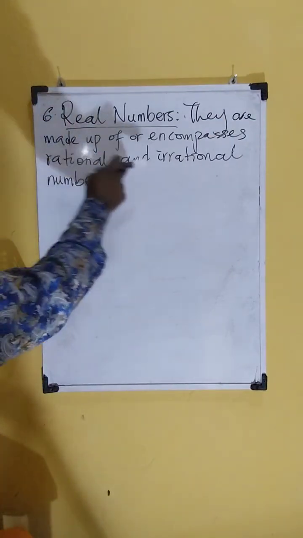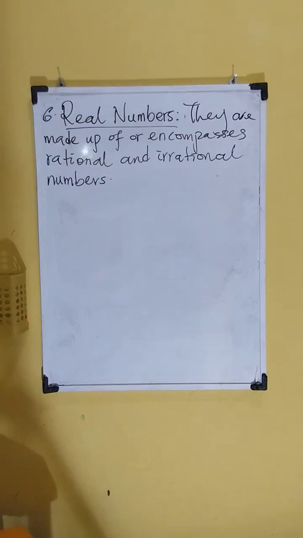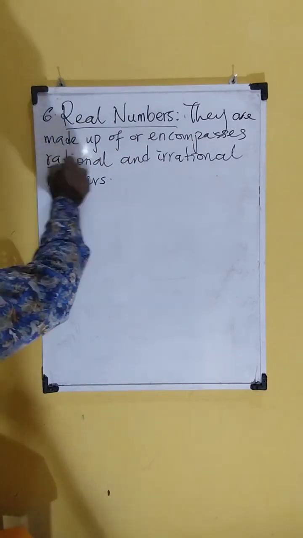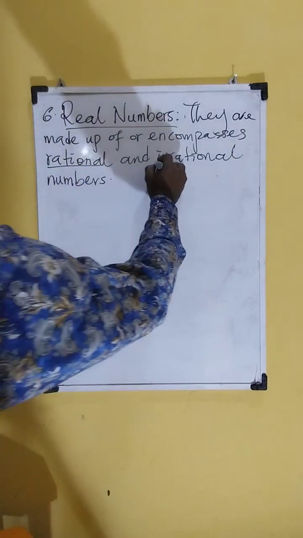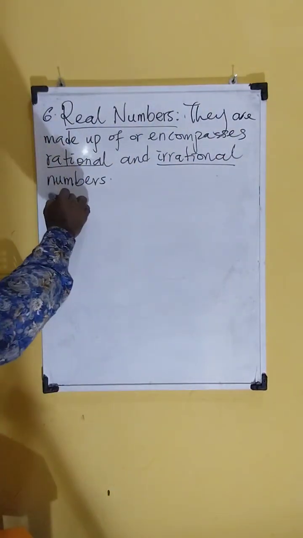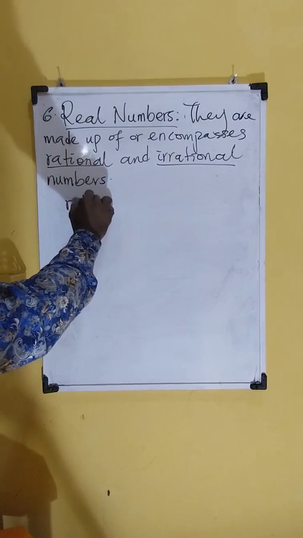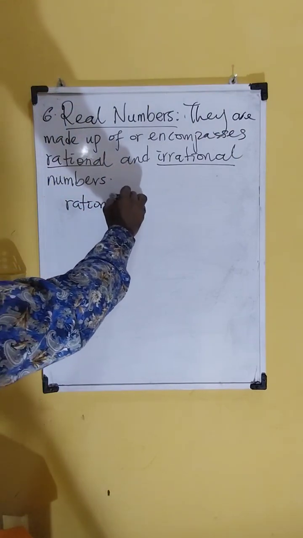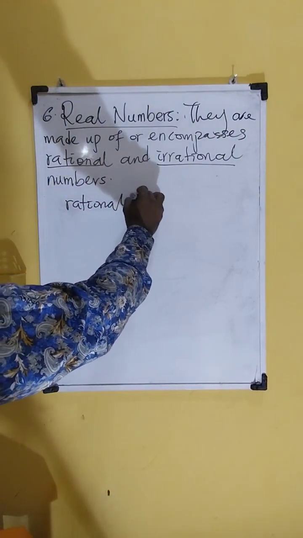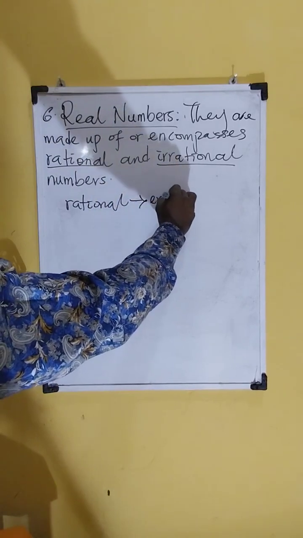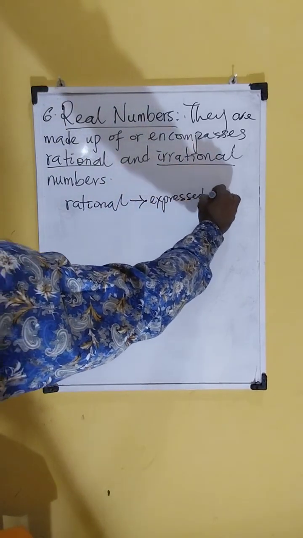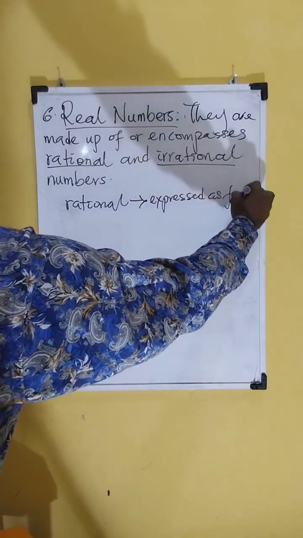So real numbers encompass rational and irrational numbers. But the first question you need to know, what is a rational number? And then what are irrational numbers? I had said that the rational numbers are expressed as fractions.